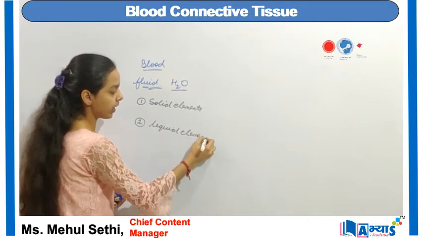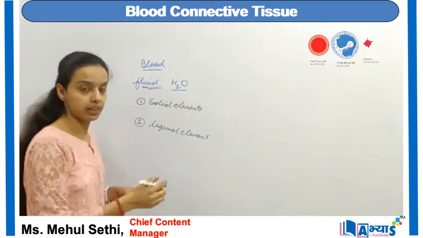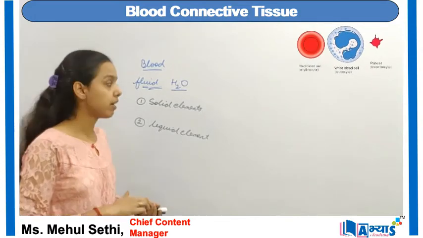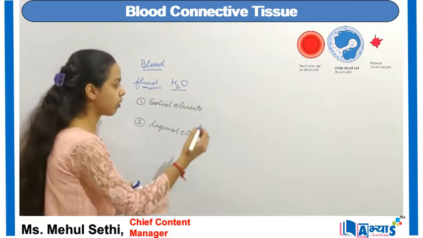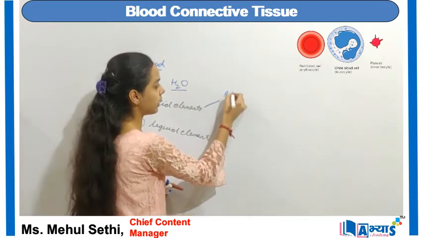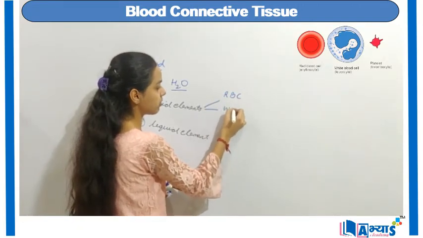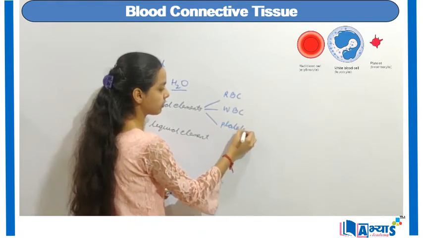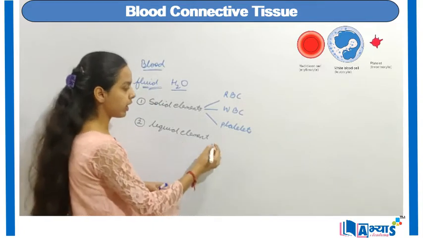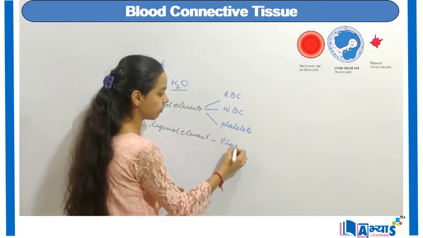So solid elements and liquid element. In solid elements we have further three components: the red blood cells, the white blood cells, and in the end platelets. And for the liquid element we have only plasma.